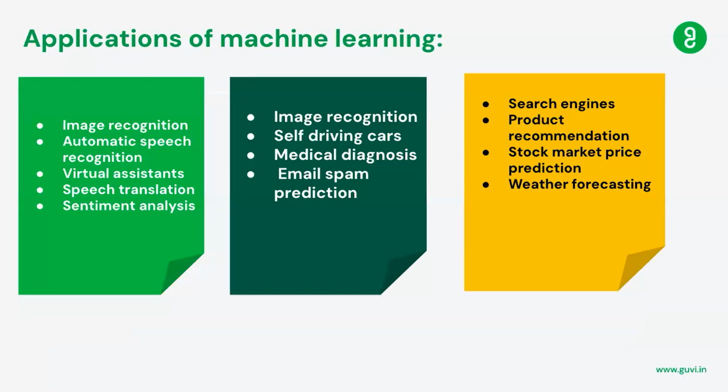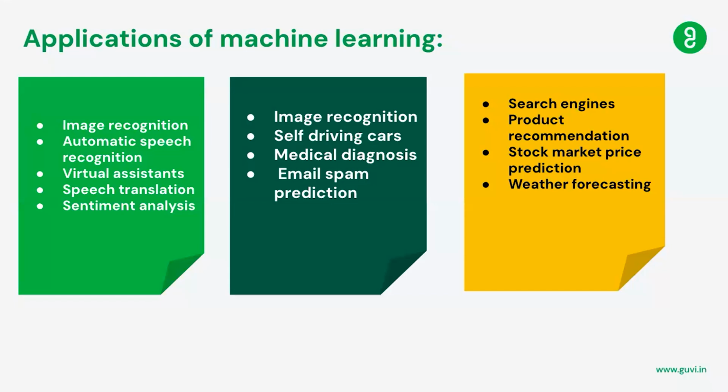So there are lots of applications of machine learning. Some of these applications involve computer vision, some of them don't. A lot of applications like image recognition, self-driving cars, medical diagnosis involve computer vision tasks.